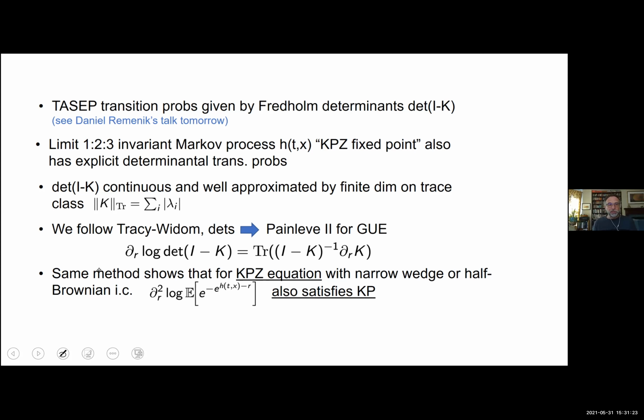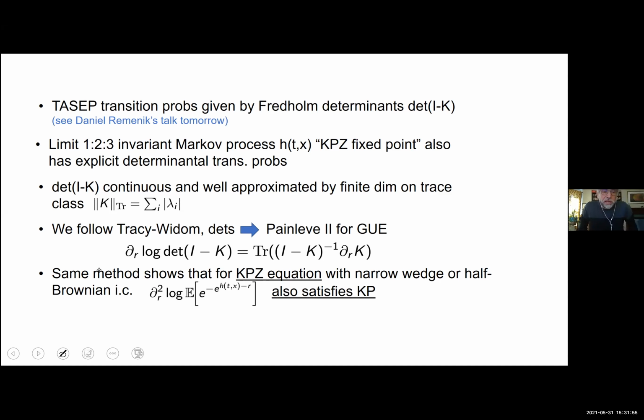So we take the 1, 2, 3 scaling limit of the TASEP transition probabilities, and we get objects which we can prove are transition probabilities. And the Markov process defined by those is the candidate for the universal fixed point in the universality class. It's a Markov process with explicit determinantal transition probabilities.